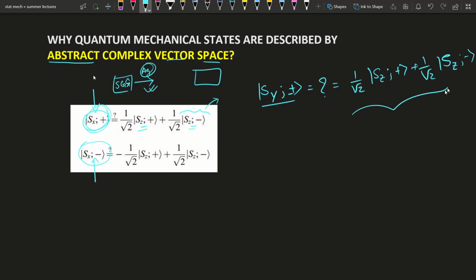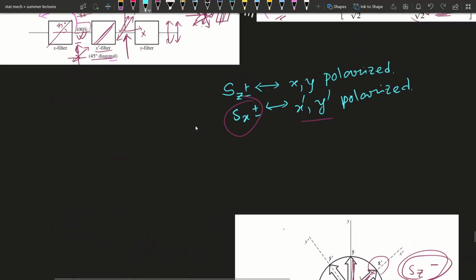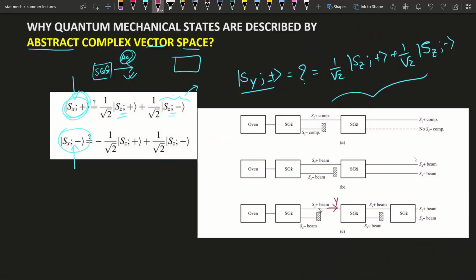Can this be written like this? Why am I writing like this? Because, just remember these things, remember the indices. Now these SY plus beams are going in the y direction and pass through the SGX compartment, giving rise to the SX plus component.